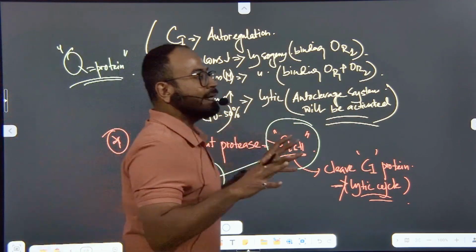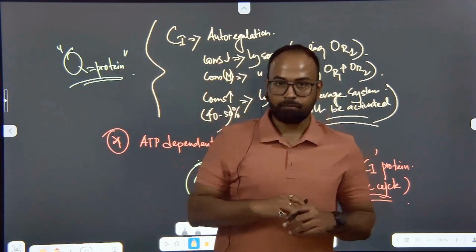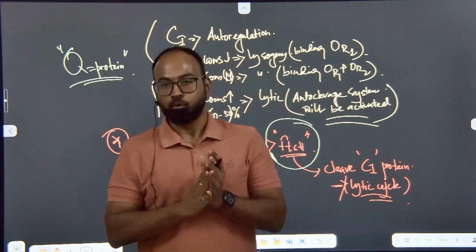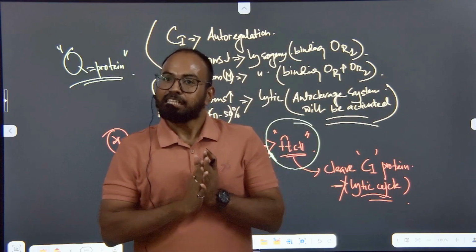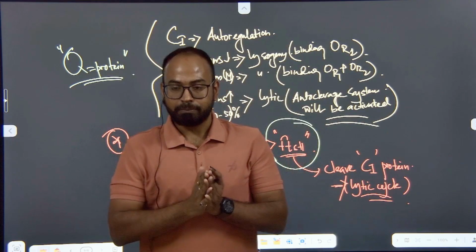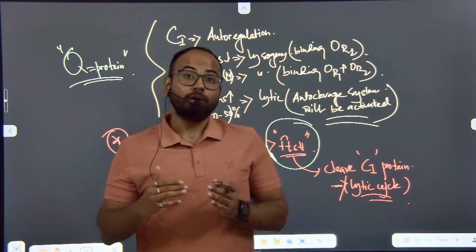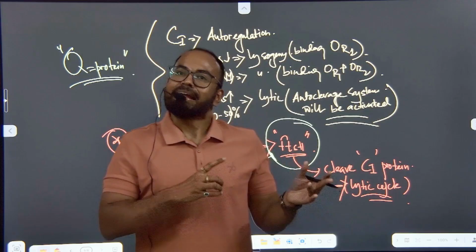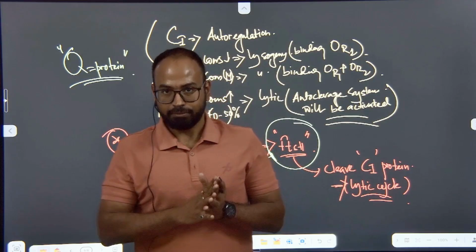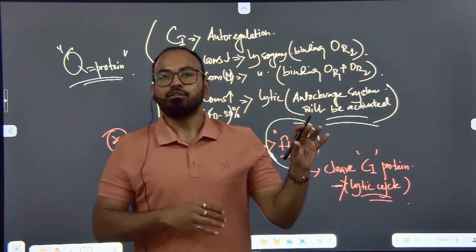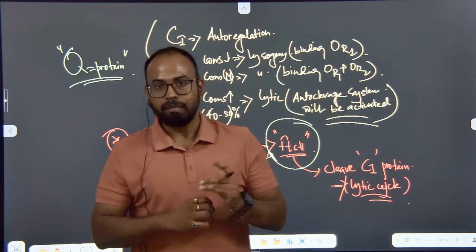So let's summarize the entire thing now. First, we have got a series of promoters as well as operators and specific genes. Based upon environmental condition, a cell can either enter lytic or lysogeny. As simple as that. Lytic cycle is associated with Cro protein.